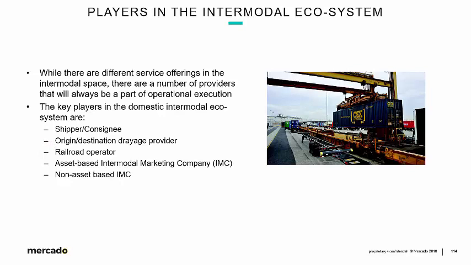And both asset-based and non-asset-based, as we see in our two remaining sub-bullets, intermodal marketing companies. We defined IMCs some time ago. We'll see once again that an IMC is essentially a freight forwarder for goods moving on the rail. We will get into a deeper definition in just a bit, but for now, that's what an IMC is.